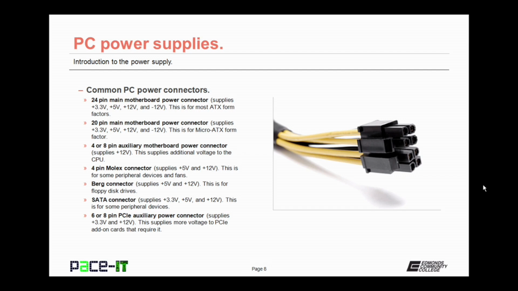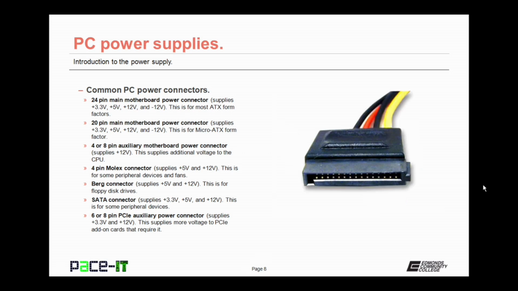There's also the Berg connector. That supplies 5-volt and 12-volt and was commonly used on floppy disk drives. You probably won't find too many Berg connectors on modern power supplies. Then there's the SATA connector. This supplies 3.3, 5, and 12 volts to SATA devices.